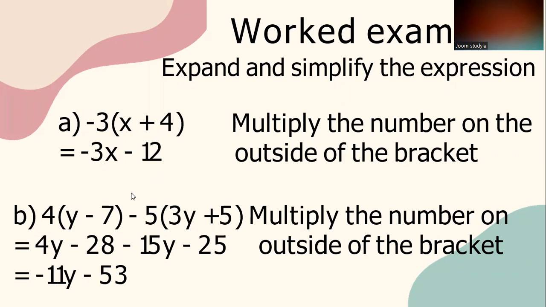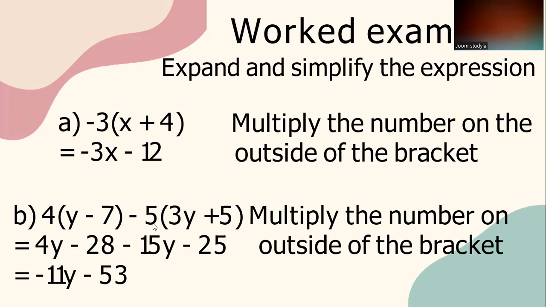Okay, let's look at the second example. 4(y - 7) - 5(3y + 5). So you have to multiply the number on the outside of the bracket. 4 times y becomes 4y. 4 times -7 becomes -28.